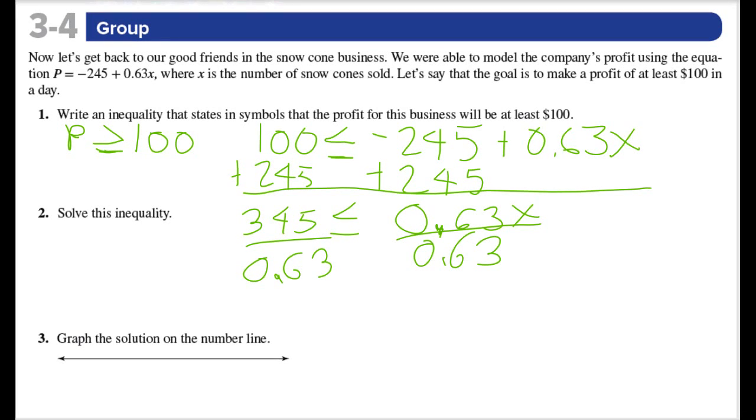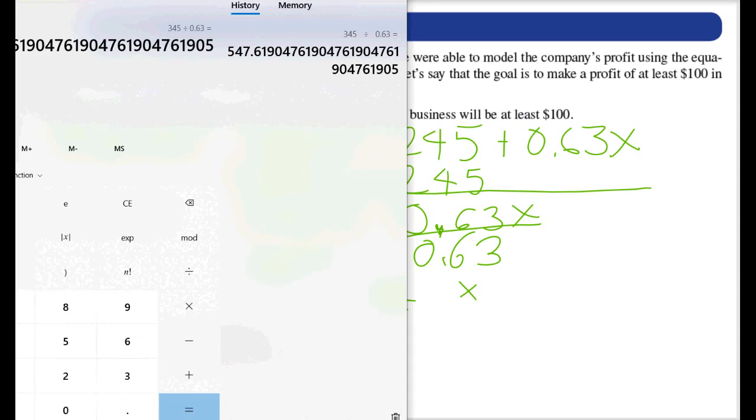And I have to be careful now. I don't always round according to the rules. If I look at the number I actually got, 547.619 would give me exactly $100, but I can't sell that many snow cones.